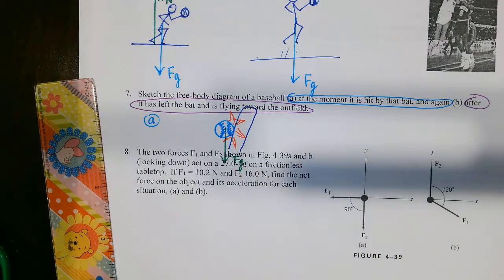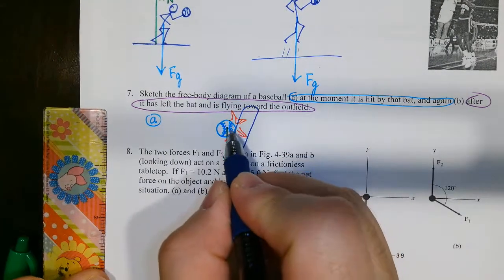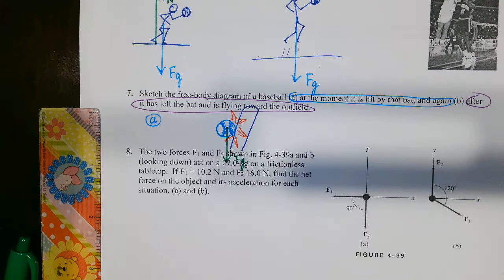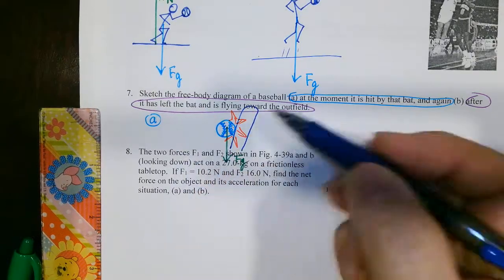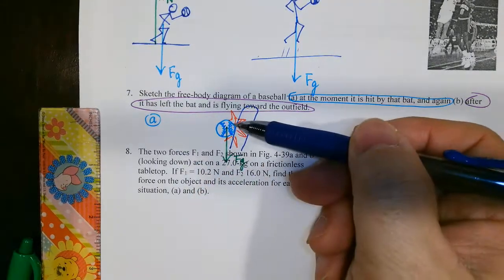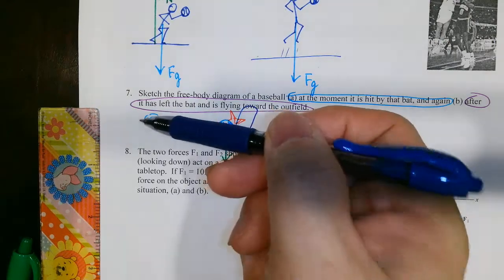Then you will have the normal force on the ball by the bat, going this way. Force normal on the ball by the bat.